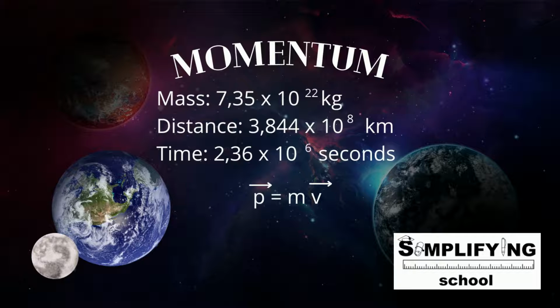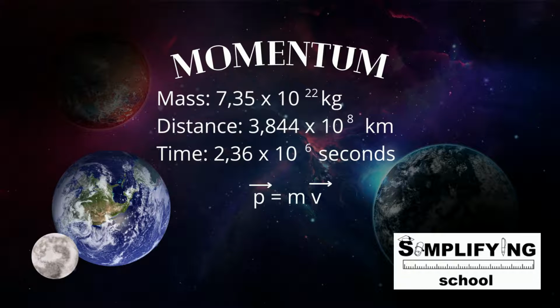We also have to determine in seconds how long it will take for the moon to orbit the Earth. 27.3 days times 24 hours in a day times 60 minutes in an hour times 60 seconds in a minute would give us 2.36 times 10 to the power of 6 seconds.